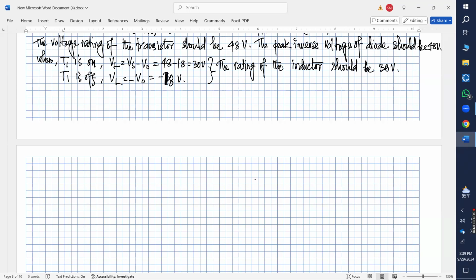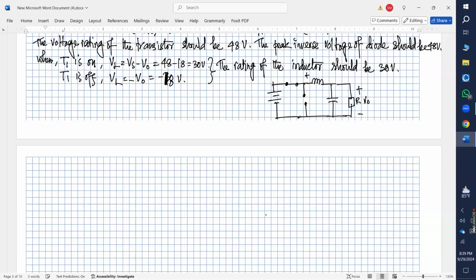Sir, can you explain it again, sir? Yeah, so what is happening here? When my T1 is on, this T1 gets on and this diode gets open, and this is my inductor, and here it is my capacitor, which is connected to the load R. This is my plus minus V naught.